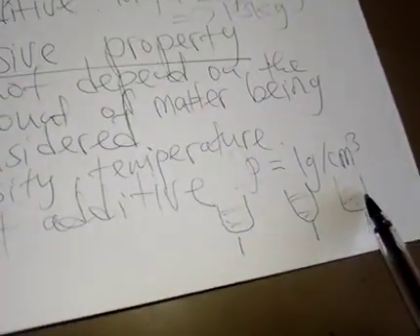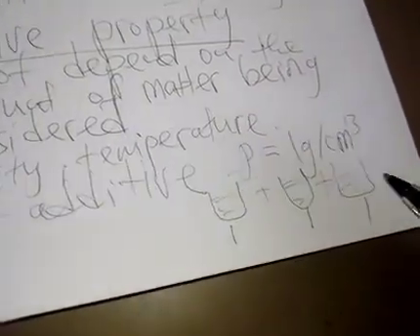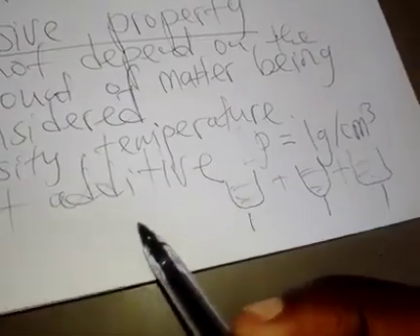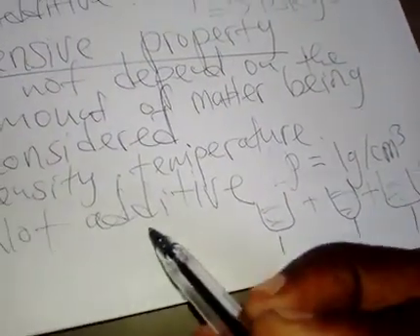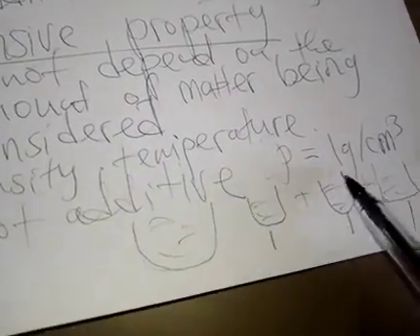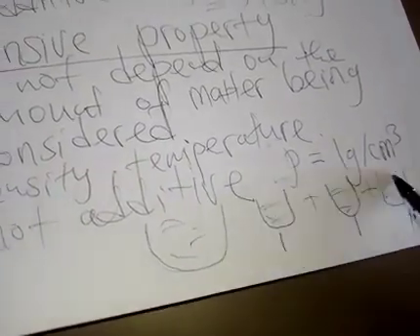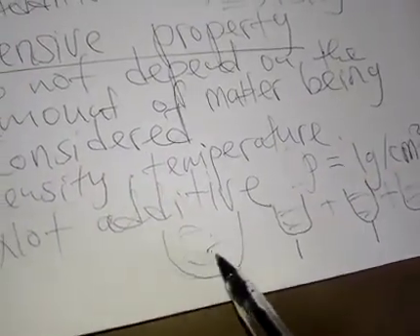Then if you combine water from this vessel, that vessel and another vessel, and try to use a larger vessel. We pour water from vessel 1, vessel 2, and vessel 3 into this larger vessel.